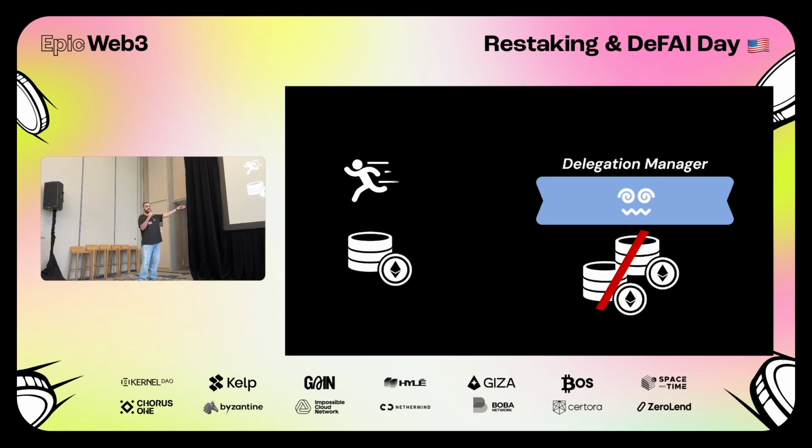But here, technically, we can just shift the pointer to some other operator immediately, and that's it. But if we do that, then the funds will escape before the slashing happens, and then, again, one of two things happen. Either there are not enough funds to get slashed in the operator, and then we will slash some other extra stakers that are not at fault, which is bad, of course.